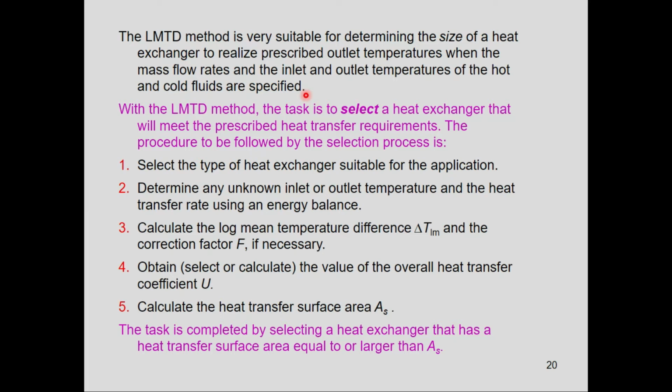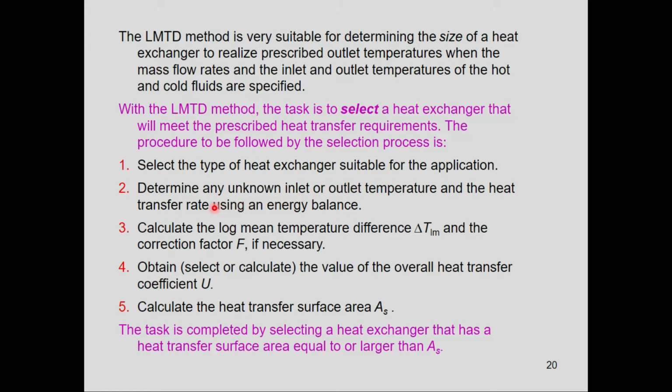With the LMTD method, the task is to select a heat exchanger that will meet the prescribed heat transfer requirements. The procedure to be followed in the selection process is, first of all, you have to select the type of heat exchanger that is suitable for the particular application, right?